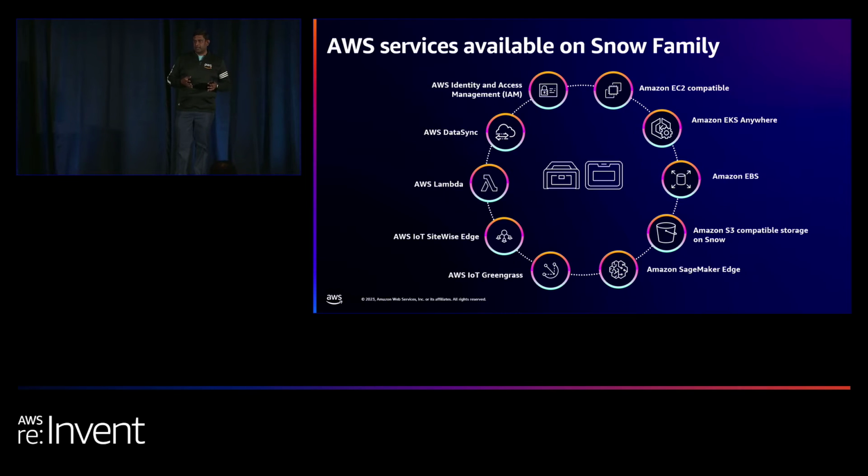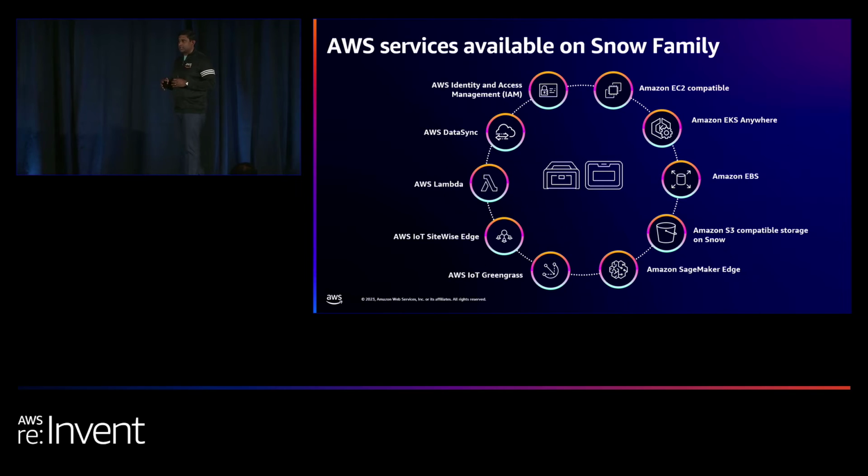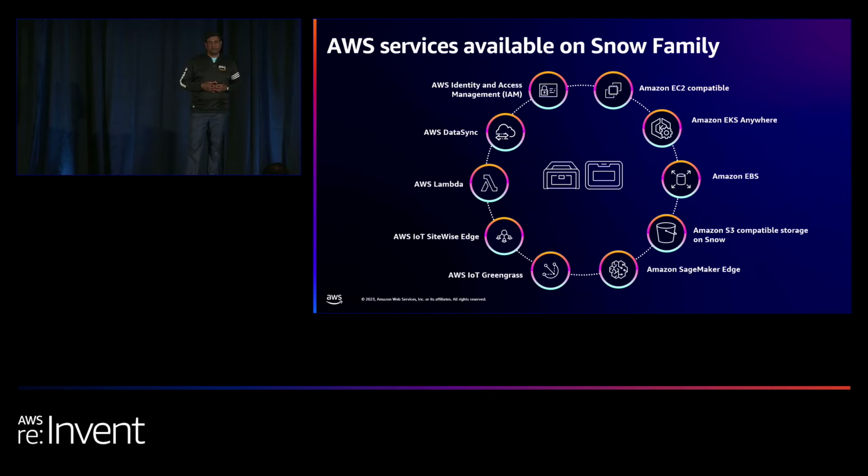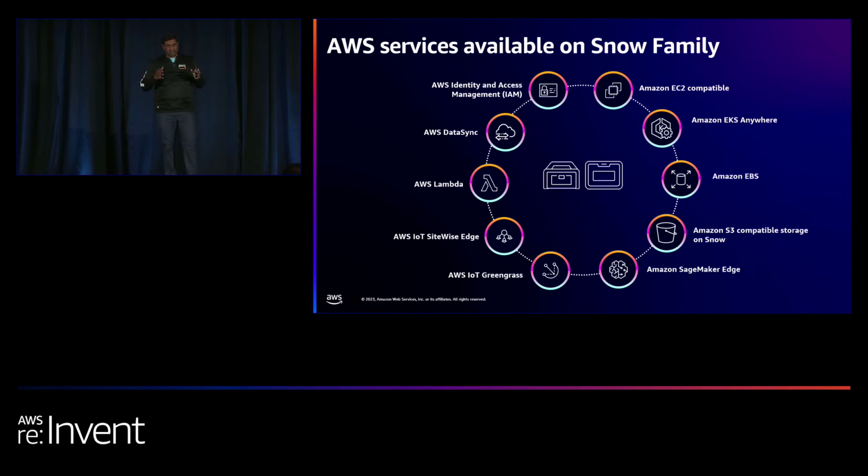When we say an AWS service is supported on Snow, it means both the control plane and data plane are supported locally on the Snow device, which is what allows you to run your operations disconnected from the AWS region. Each service supports just a subset of the API, not the full API set. But for the APIs that are supported, it is API compatible with the service in region.